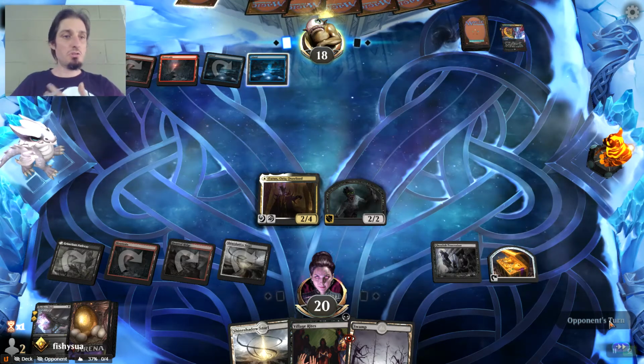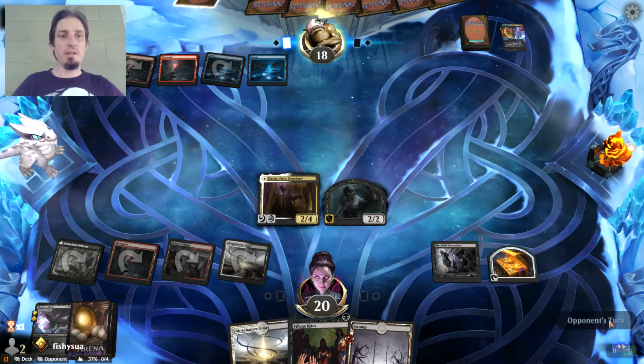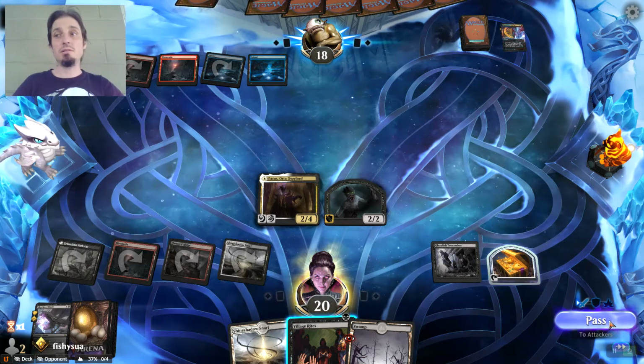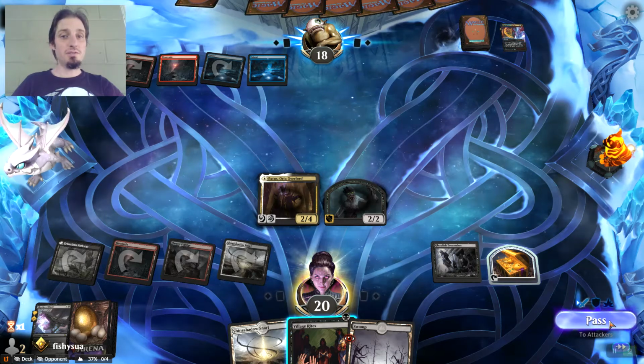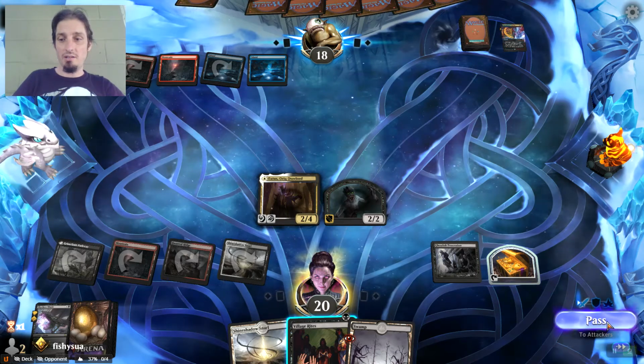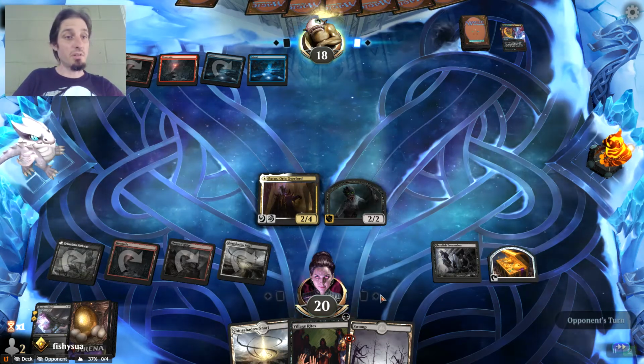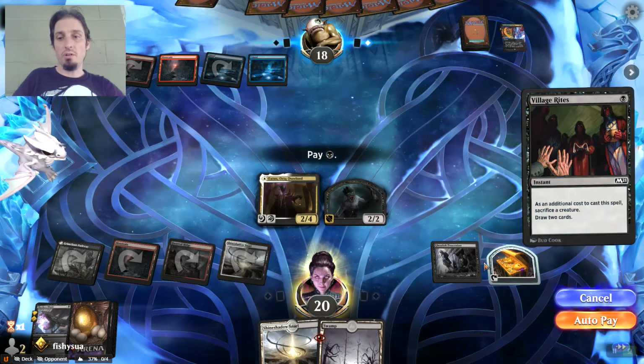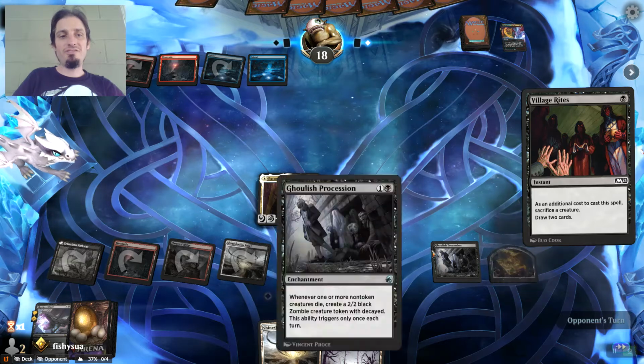In particular, this tends to mean that we need to play our cards with an eye towards their independence, and we need to play our removal spells, or interaction spells, with an eye towards flexibility.